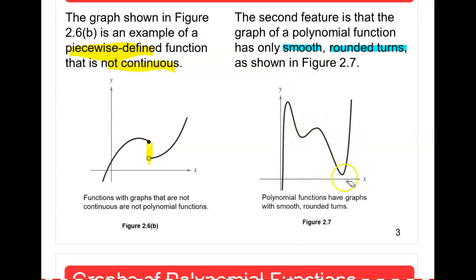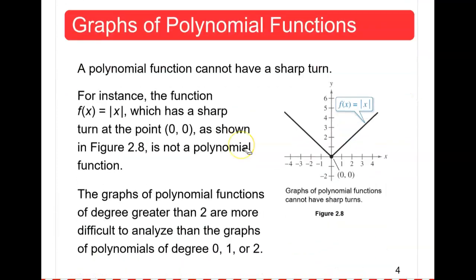Now, as you can see, this one has more turns than a parabola, a quadratic function of degree 2. That is determined by the degree of the polynomial, but we'll study all of that. And just what I was saying, the absolute value is definitely not a polynomial graph because polynomials cannot have a sharp turn.